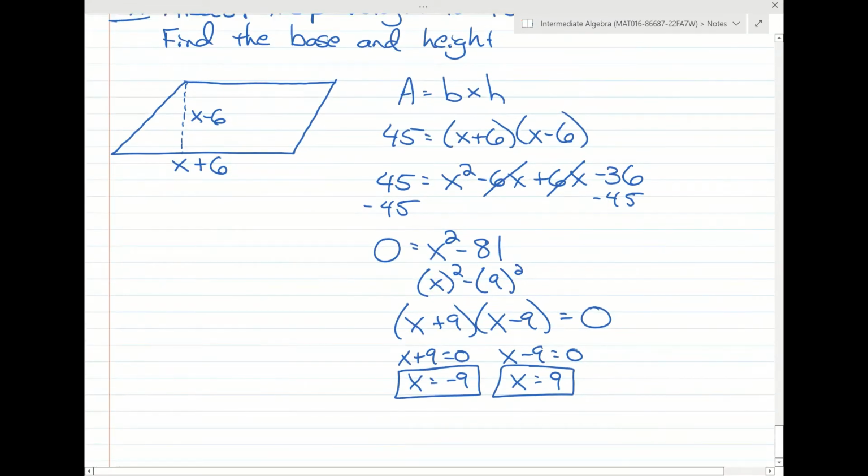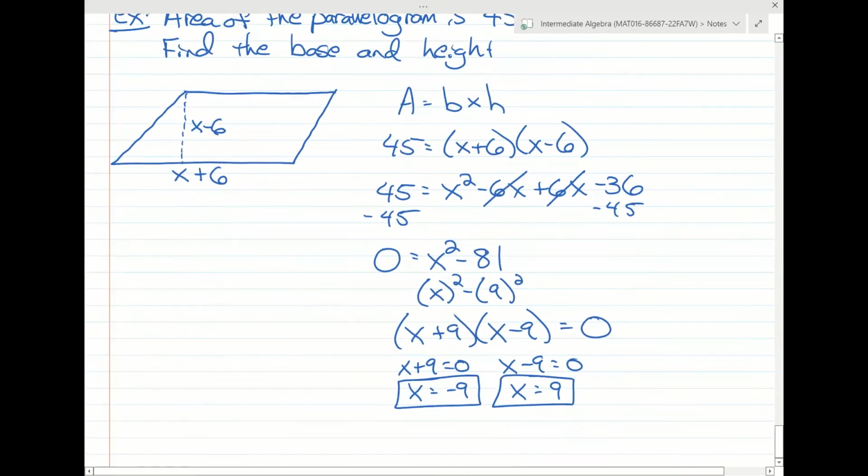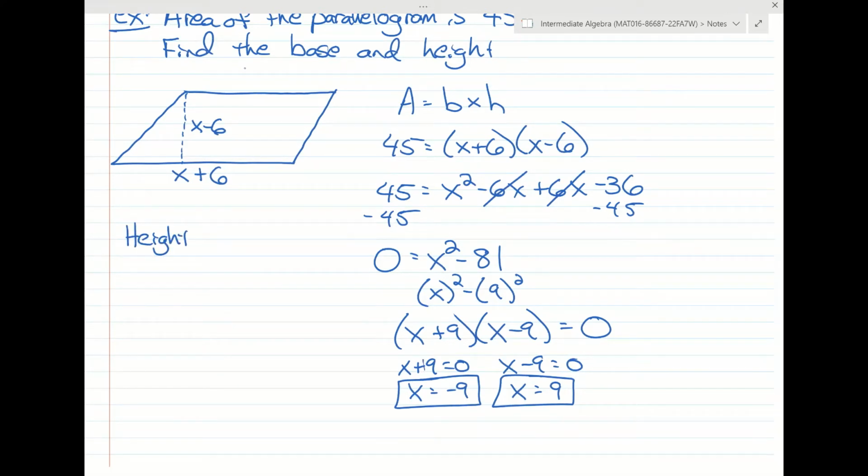More of these. Yeah, so it asked us to find the base and the height. So the height, we can't have a negative x here. So the height would be 9 minus 6, which is 3.